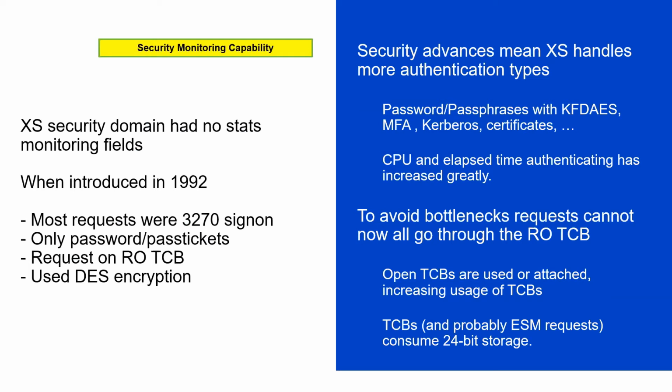But advances in security have meant that there are many more ways to authenticate. And some of these are asynchronous, some more CPU intensive, and so require multiple TCBs. So this can lead to additional concerns for which customers have requested that we provide some additional monitoring and stats so they can have a look at this.